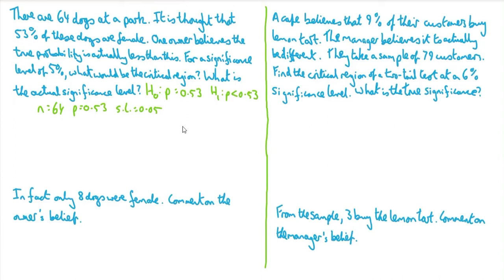The way to go about this, you can basically just think of it as trial and error, really. If you go back into your binomial CD section of your calculator and plug in this N and this P, what you're going to do is just try out different X values and find what's the biggest X value that still has the probability at the end being less than this 0.05.